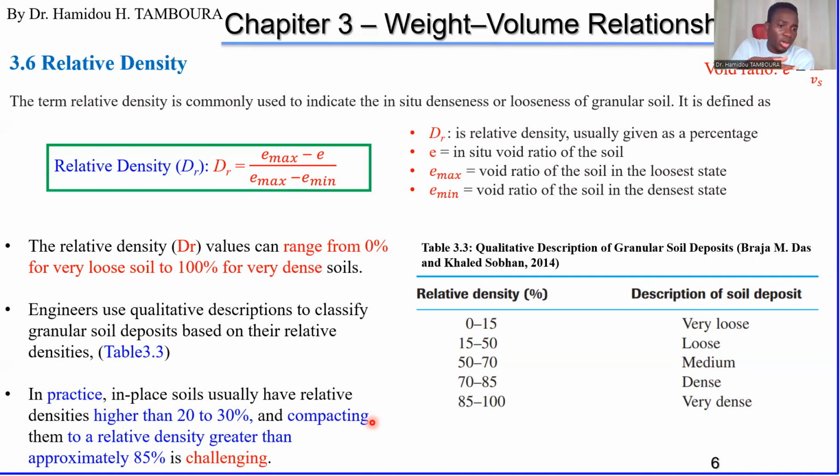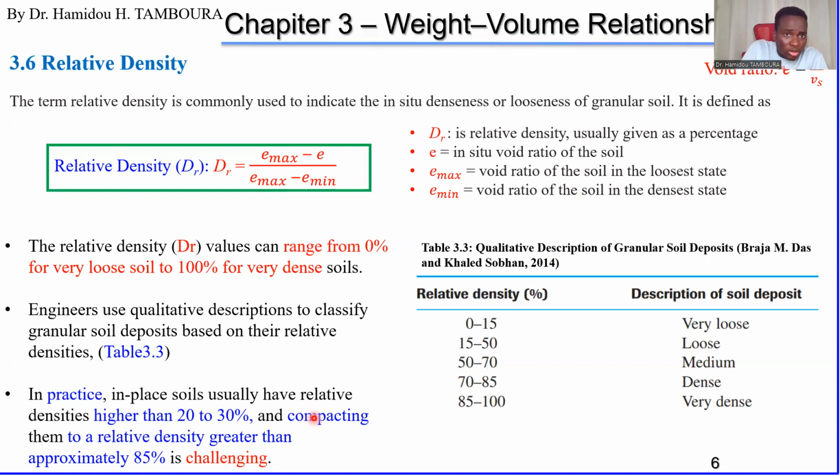If you compact your soil, then the relative density can become greater than approximately 85%, which is very challenging. So for you to get your soil to have this relative density, it's very difficult, but people do it, just by reducing the volume of the soil.